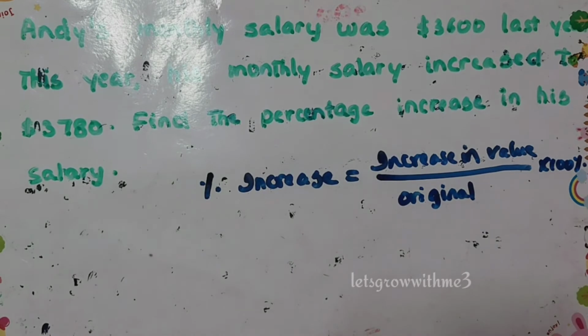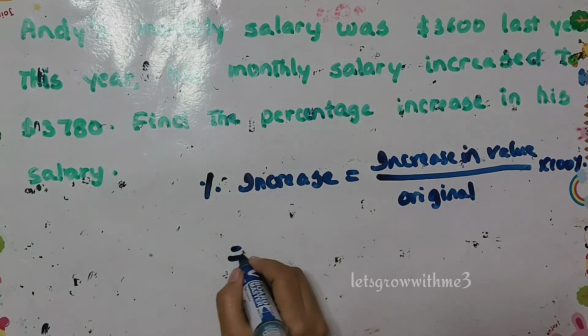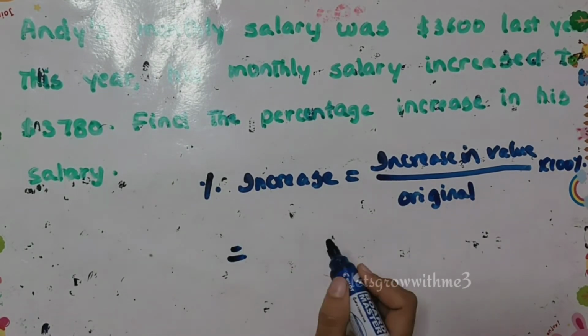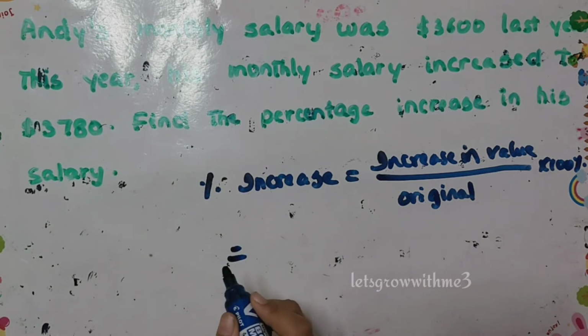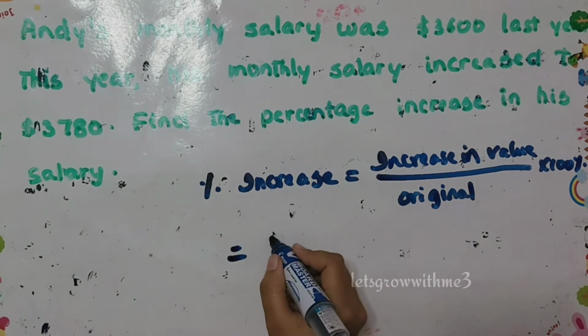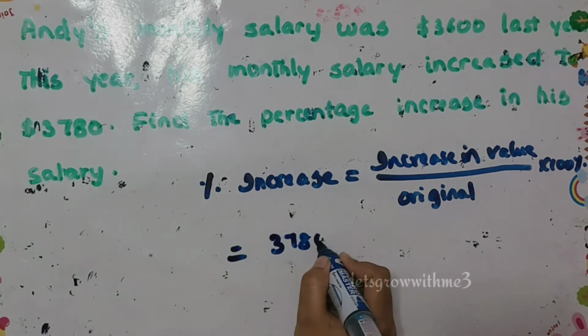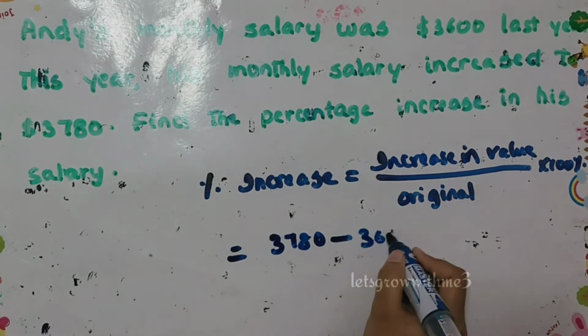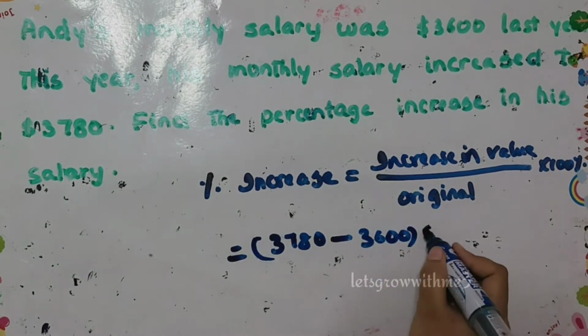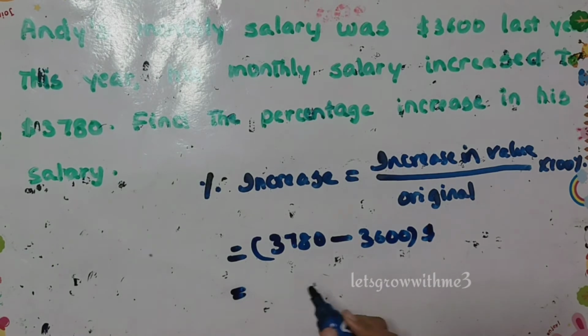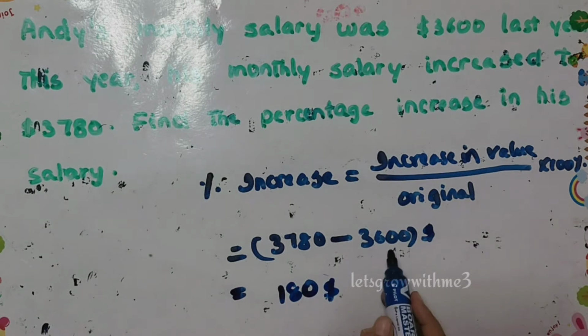So first we find the increase in value, which is the difference between the two salaries. So 3,780 minus $3,600. The difference is $180. That means every month the salary increased by $180.